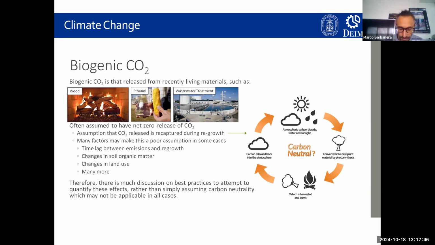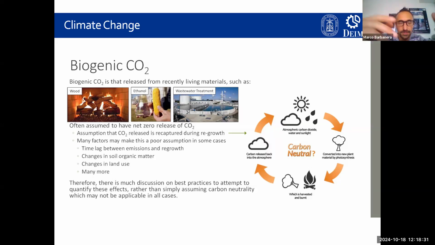In fact, when we carry out an LCA study, and when we calculate the results in terms of climate change by applying an impact assessment method, the software allows us to divide the greenhouse gas emissions between fossil emissions and biogenic greenhouse gas emissions.